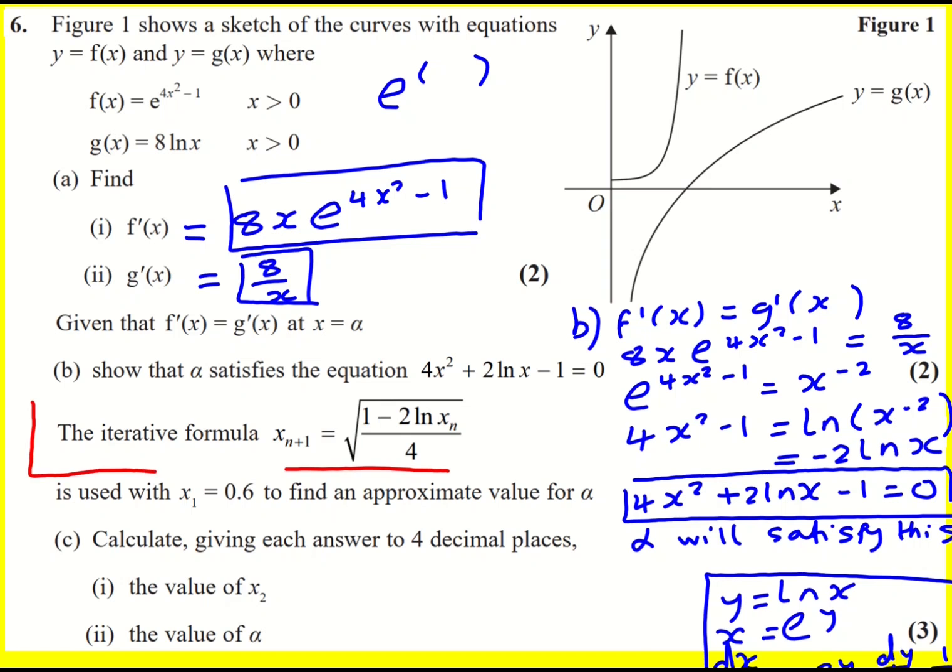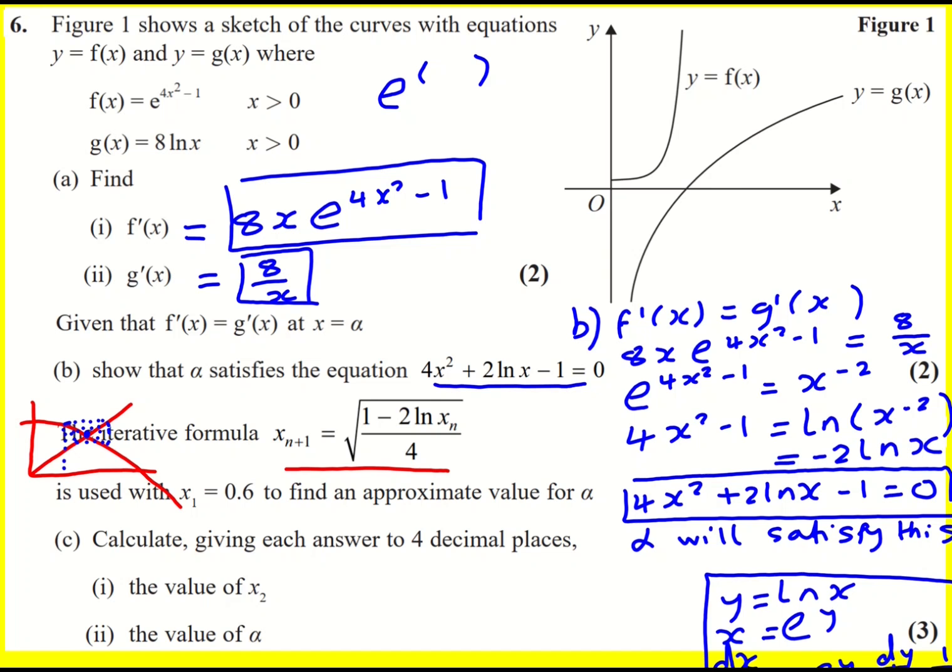The question's not testing us on that, but we would draw y equals x for the left-hand side, and then the function might end up looking like that. And then we're going to be putting a value of x in, finding what the function gives us, then setting x back to be that value, put it in again, and you can converge towards a solution for when these two are equal. And the solution for when they're equal is the same as the original. Just wanted to remind you about that.